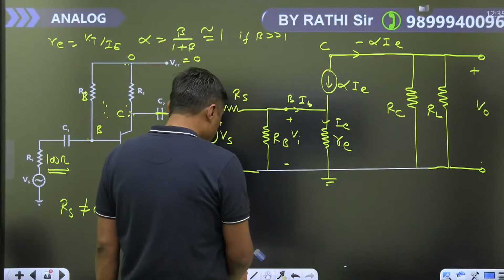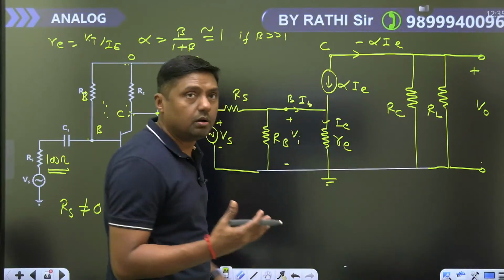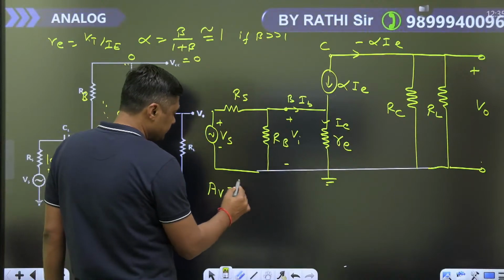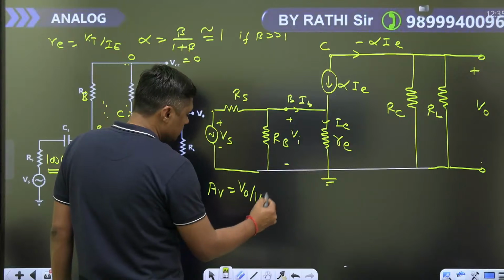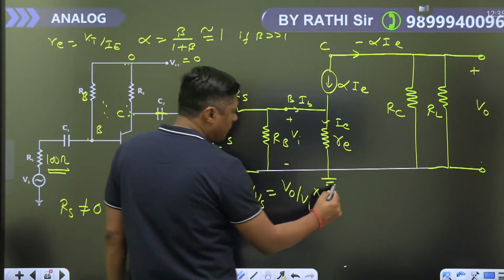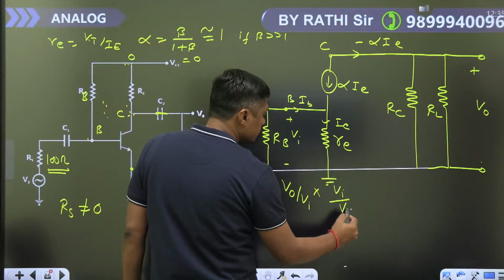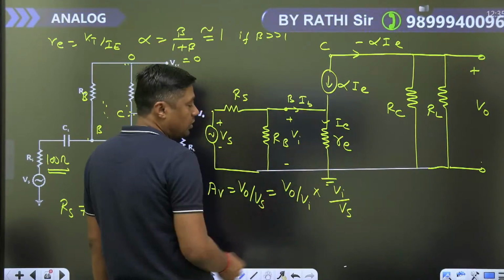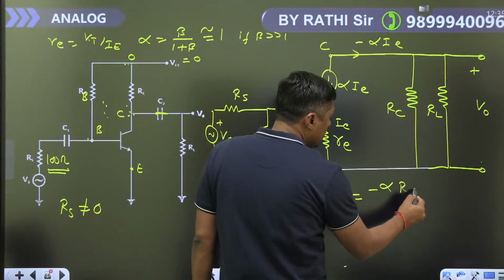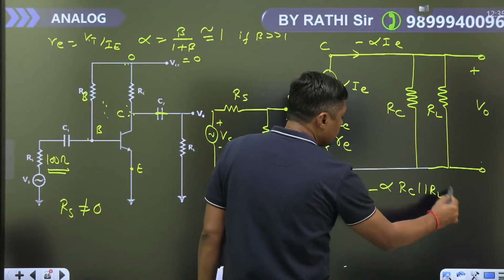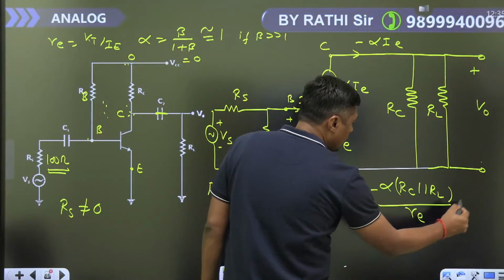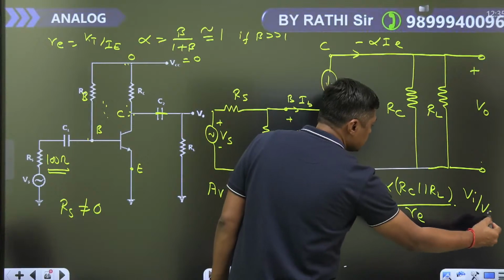Then V naught upon Vi into Vi upon Vs. Vi cancel, V naught upon Vs you will get. So V naught upon Vi you have already: minus alpha RC parallel with RL upon Re. Now you have to find the Vi upon Vs.